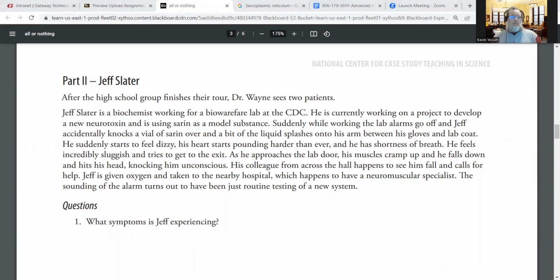So the first thing you'll want to do certainly is go through and look at and document some of Jeff's symptoms, which again are laid out right there.